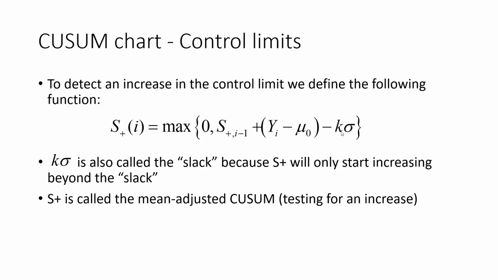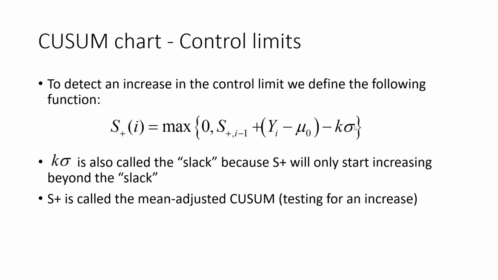And k times sigma is also called the slack, because the function S plus will only start increasing if the additional contribution here overwhelms the slack. So it's a mean adjusted CUSUM that is testing for an increase.